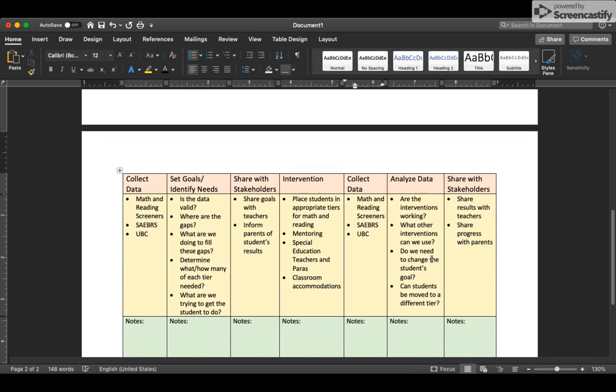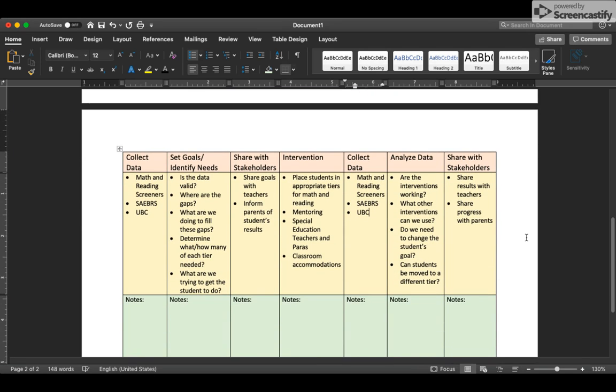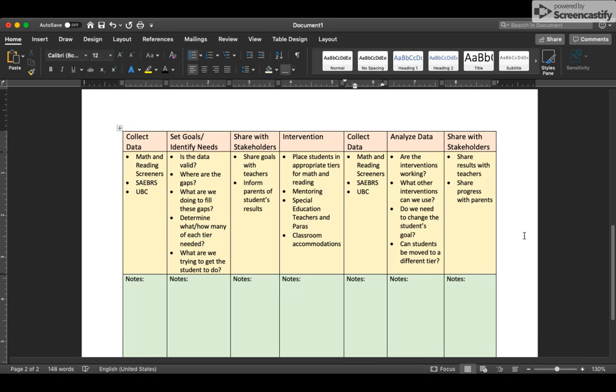To help teachers get started with this protocol for collecting data, we would use our math and reading screeners on FastBridge, and then SAEBRS for their social, academic, and emotional behaviors.